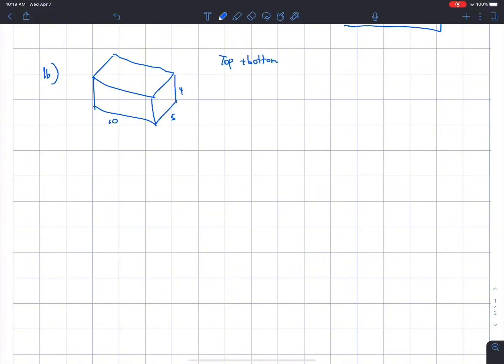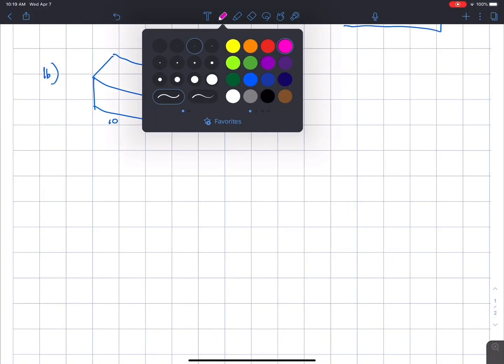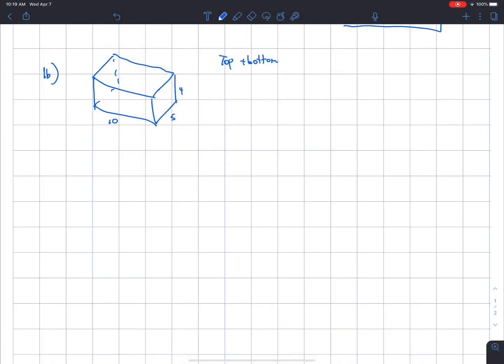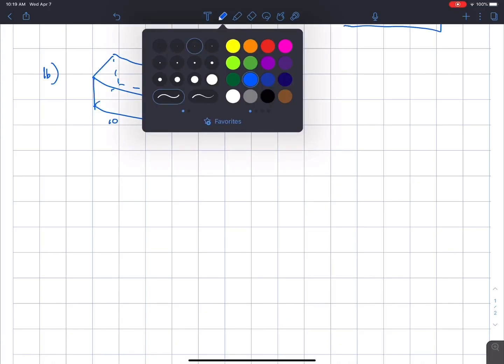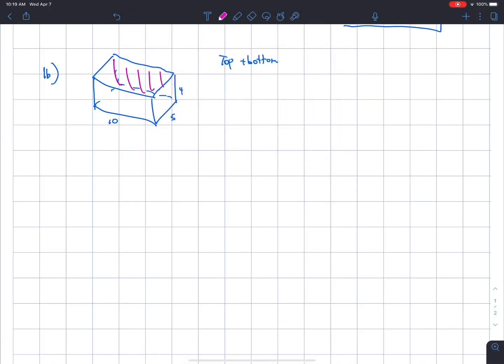They will be exactly the same. So this will be the top piece, and this will be the bottom piece. The bottom piece you can see is a 10 times 5. So this will be 10 times 5 for the area of a rectangle for the bottom piece, and the top is the same, so just times it by 2 and we get 100.